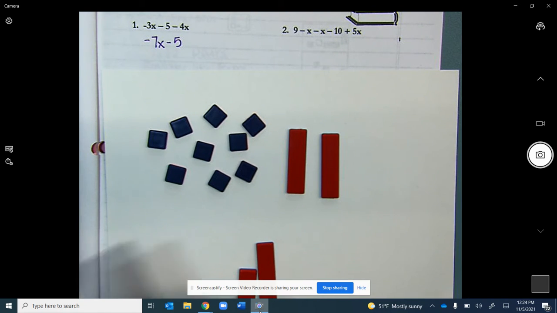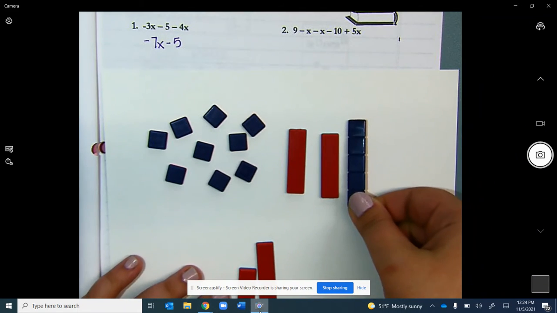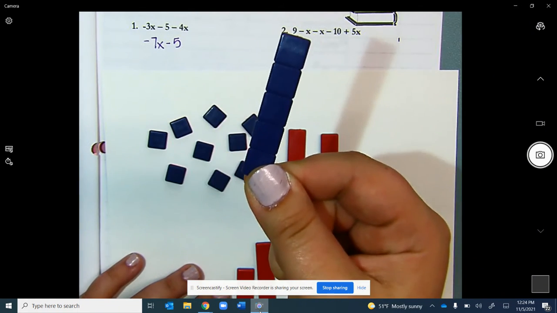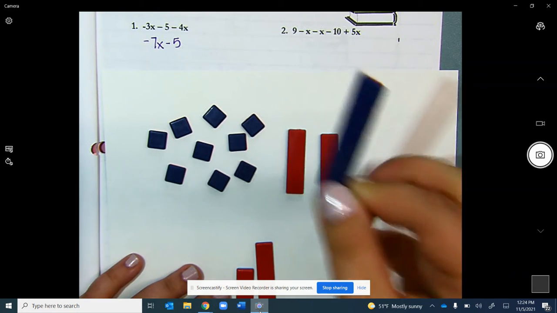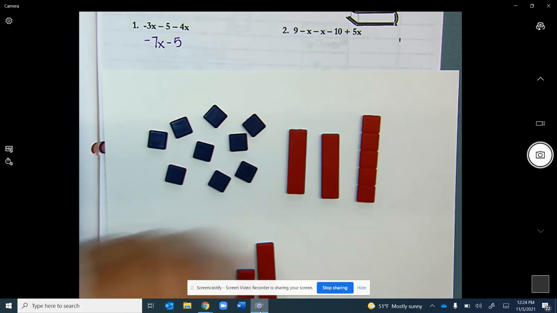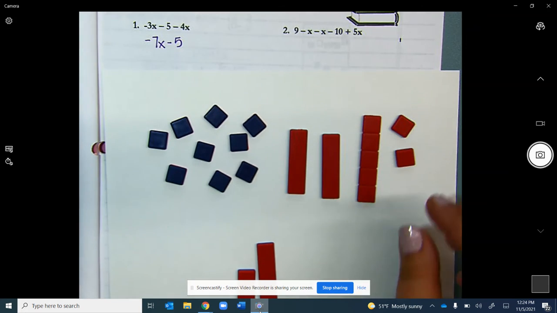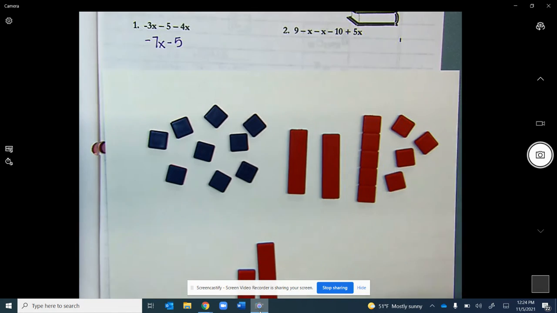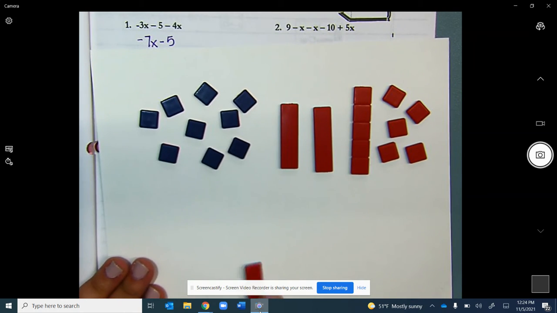Okay, now remember these tiles right here, they kind of look like x's, but they have those lines in them and they're longer than an x. So remember, this is 5 of our 1 unit square. So I'm going to use this because it'll be a lot easier to get to 10. Okay, so there's -5, and then I only have one of those, so we'll do 5, 6, 7, 8, 9, and 10. And then finally, I am adding 5 x's.